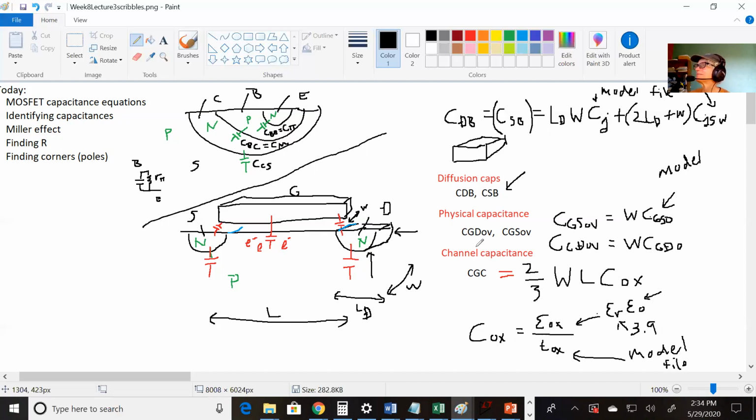You can find much more complicated equations, and you probably use them in 306, but when the voltages change, the capacitance changes. These equations right here are a good enough approximation to be pretty close to the capacitance on your transistor. It's not going to be super accurate, but let the simulator do that hard math for you.